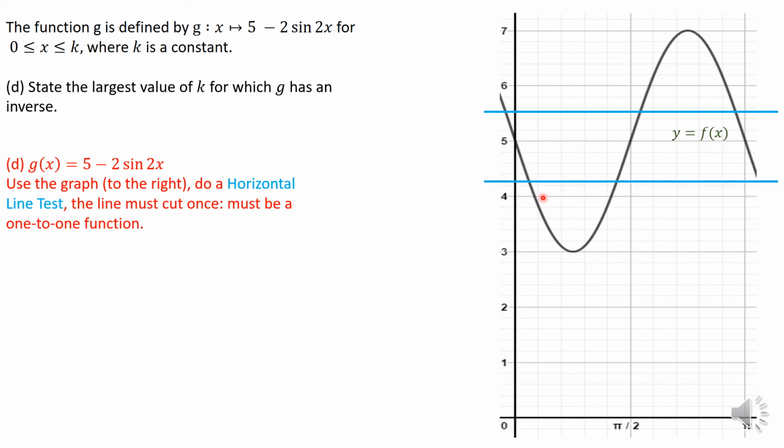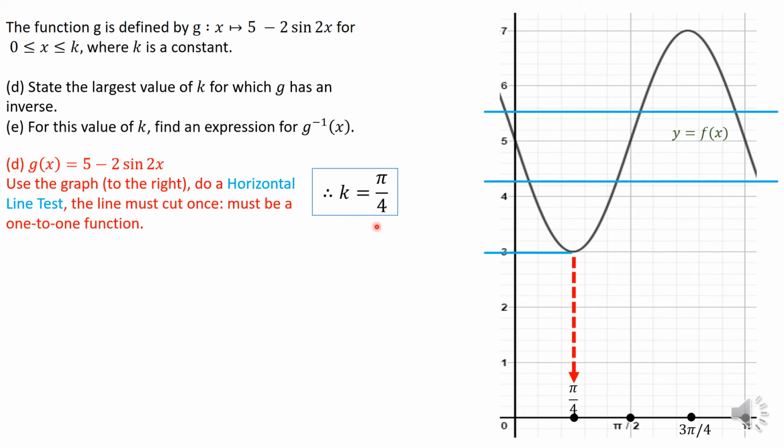If I do it here again, 2 places here, so I need it to cut only once, and you realize it has to be that particular line here. So whatever this particular angle will be, that will be our k, that will be our constant, okay? And that constant is pi upon 4. Okay, pi upon 4 is like 45 degrees. So that is the value of k that we are working with.